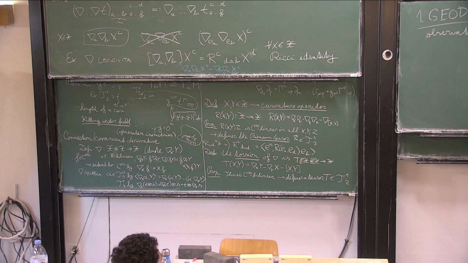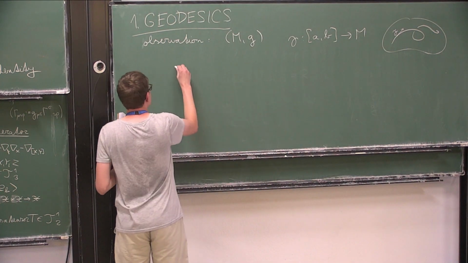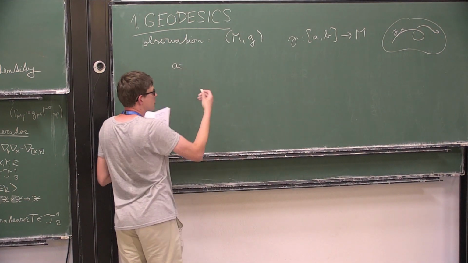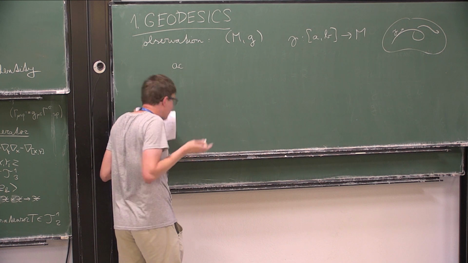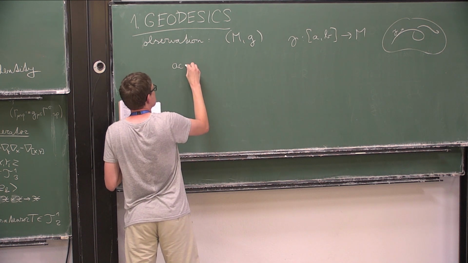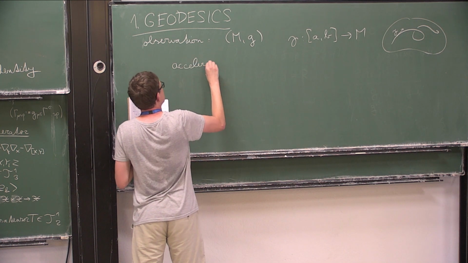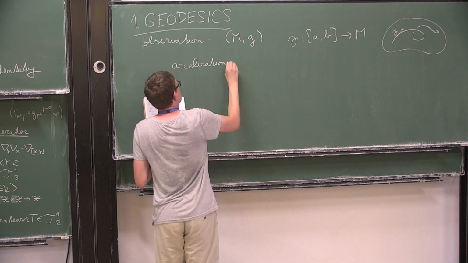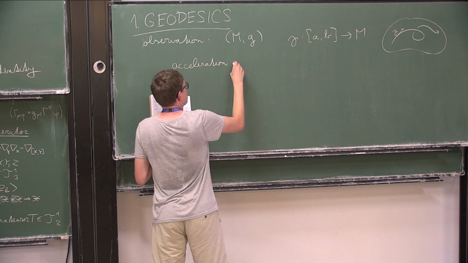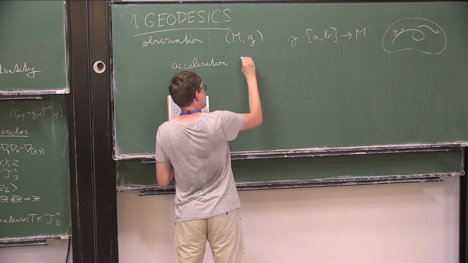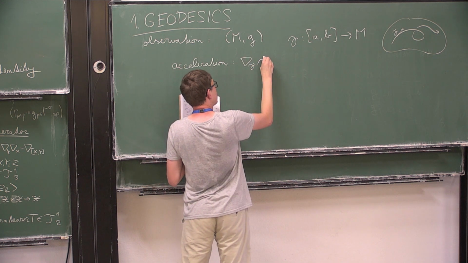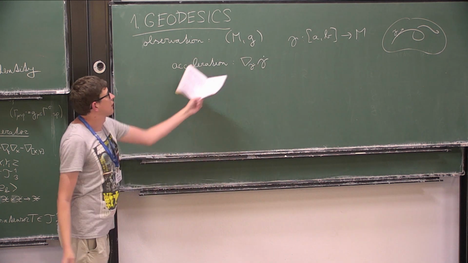So we have a curve. The velocity is just, it's clear what it is. Now, the right notion of acceleration, remember, is just like a second derivative of your position. What you should really think of as acceleration is this expression: nabla gamma dot.